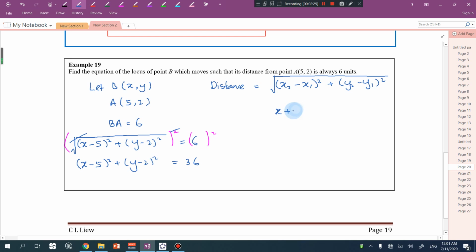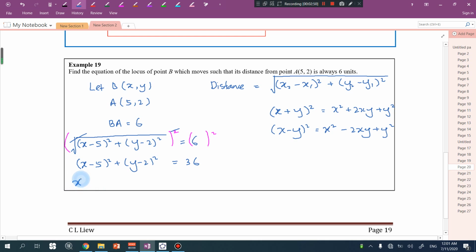If we have x plus y square, it is actually equal to x square plus 2xy plus y square. So if we have a negative inside, then it becomes x square minus 2xy plus y square, right? So now we are going to use this one to help us to do some expansion over here.